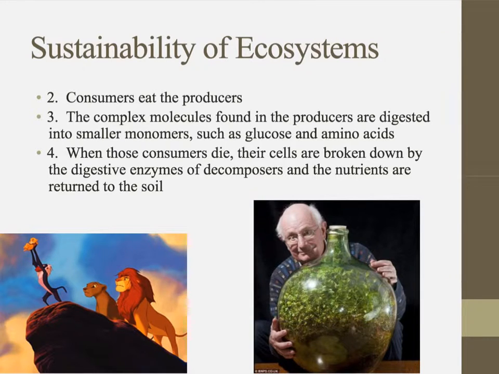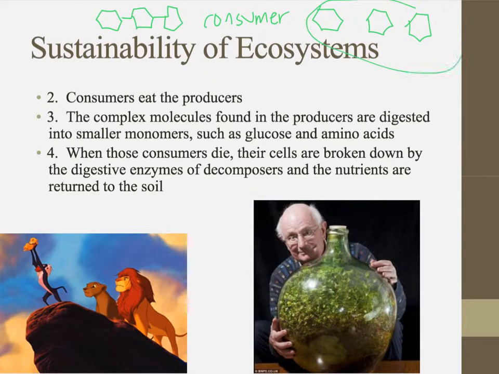So if in the plant there are a bunch of, let's say, starch molecules, then the consumer, and you would be an example of this, is going to digest those large molecules and break them down into smaller components. Now, those smaller components can be used for a variety of things, energy, structures, etc. And when those consumers die, their cells are broken down by the digestive enzymes of decomposers, and these nutrients are then returned back to the soil.